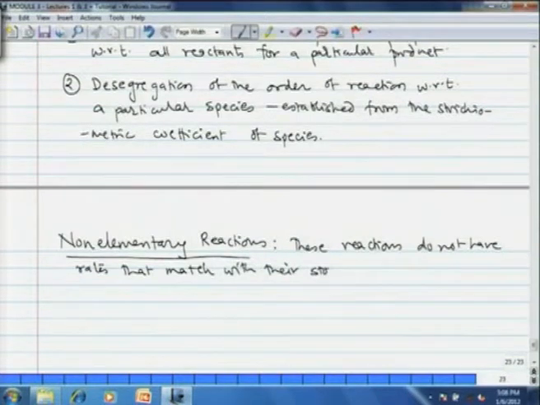Now, how do we analyze the non-elementary type of reaction?